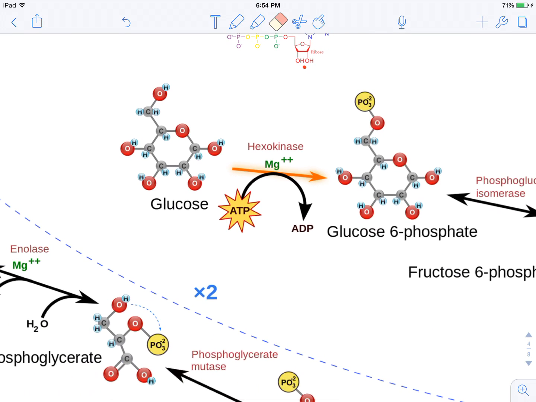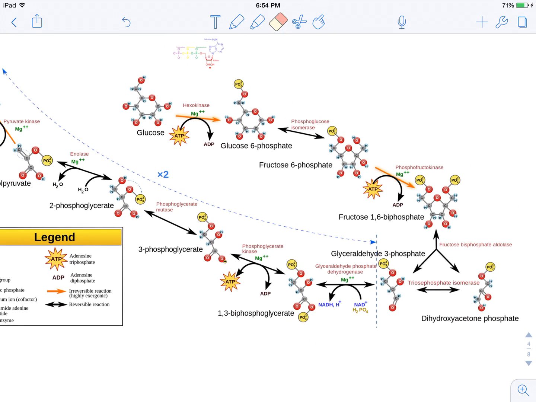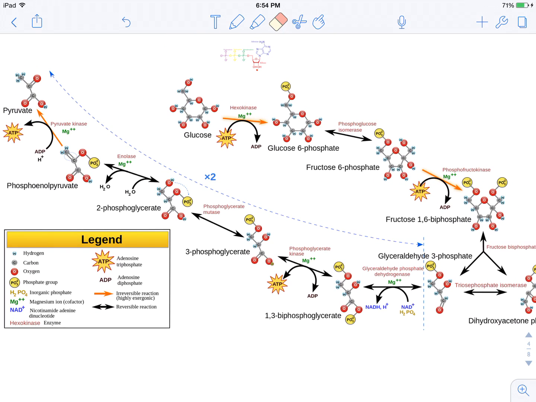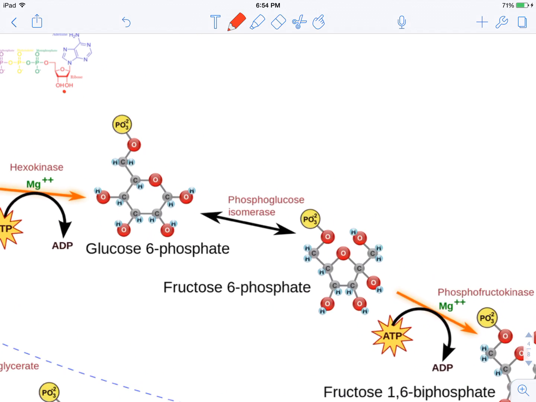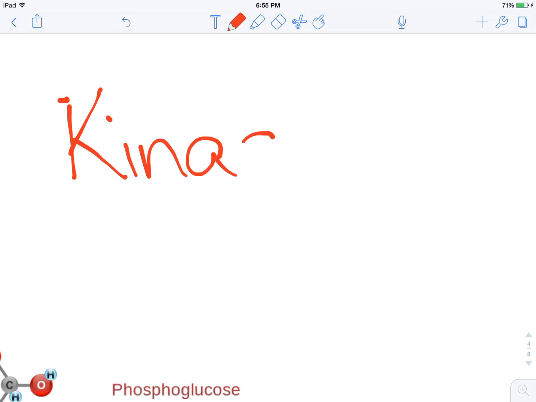Actually, before we do that, I just want to make clear one concept within glycolysis, and that is the irreversible reactions. For now, I just want you to pay attention to enzymes that end in kinase.